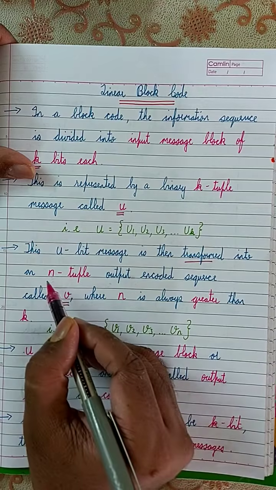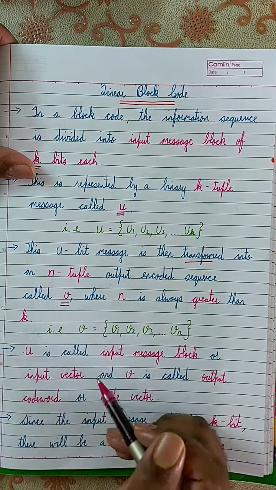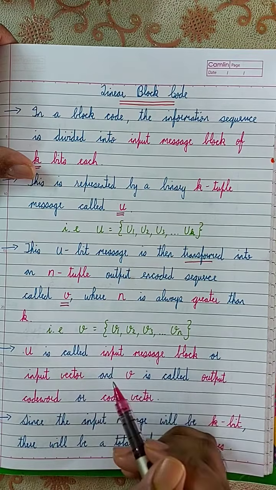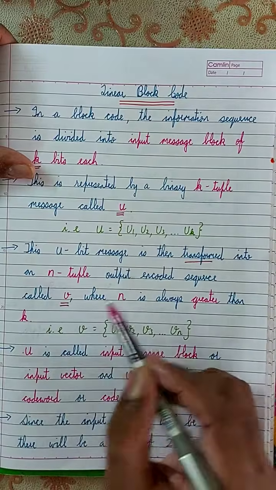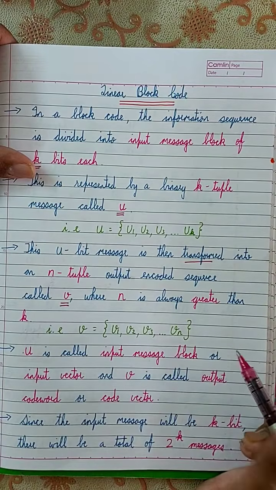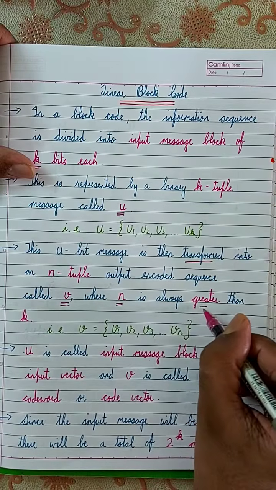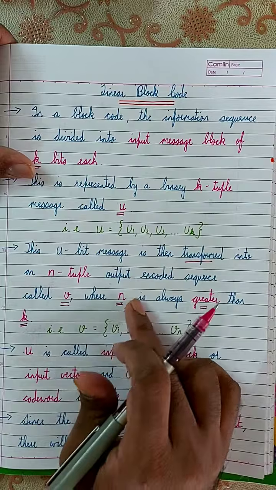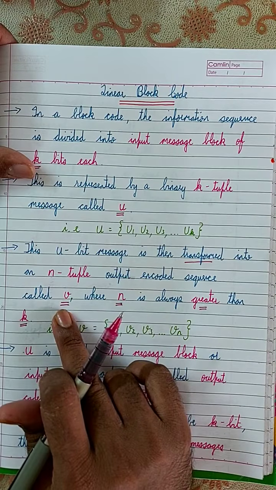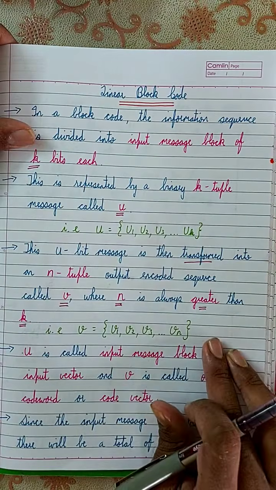The value of n is always greater than the value of k, that is, the length of the output sequence is always greater than the length of the input message.